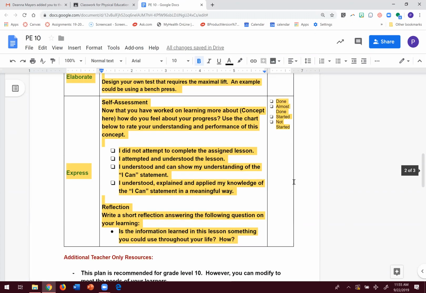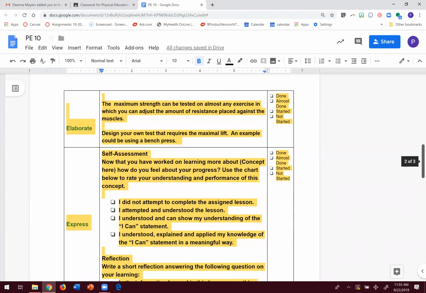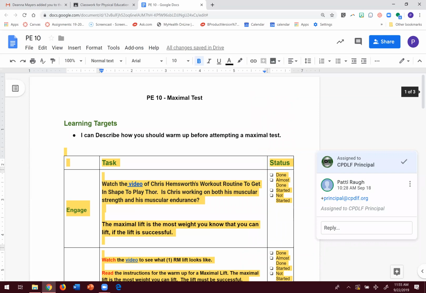How? And then you also want to include your own self-assessment, whether you did not attempt to complete the assigned lesson, which I hope you all do, or you did attempt, or just read through the choices.